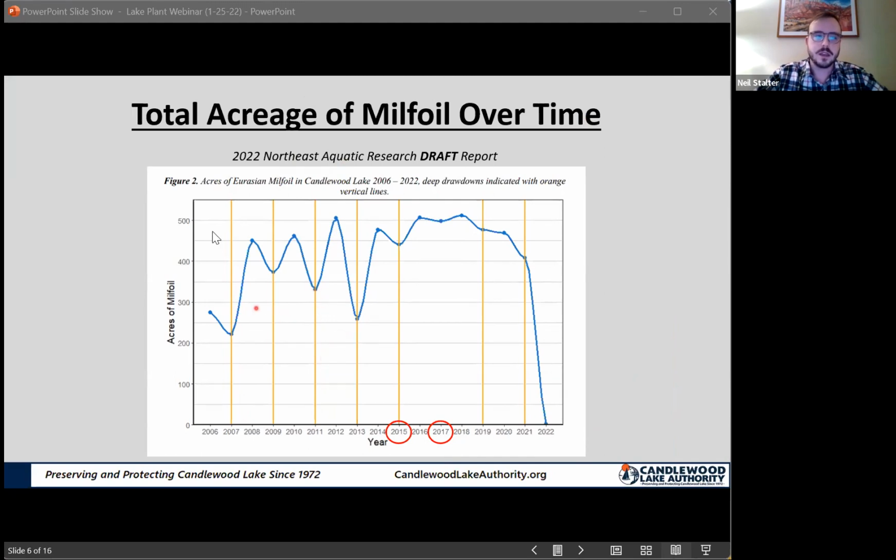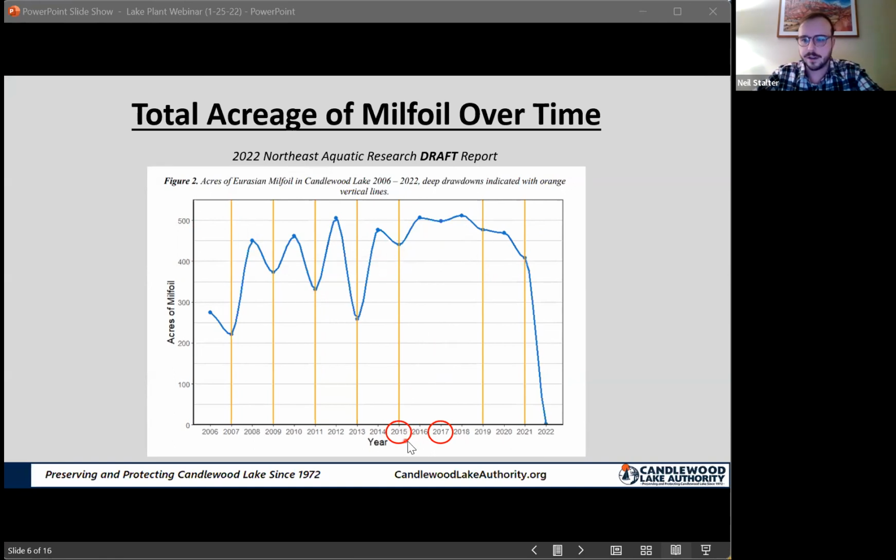You can see the years where there is not a deep drawdown, the lake tends to exist at a level between 400 and 500 total acres of milfoil. So that's a lot of plant material, but the lake likes to sit in this range between 400 and 500. Historically, when there's no deep drawdown, that tends to be where the lake likes to sit.